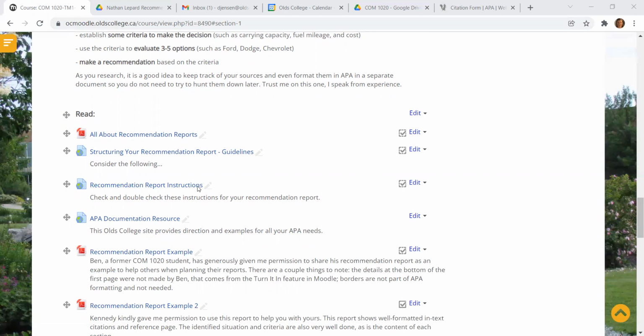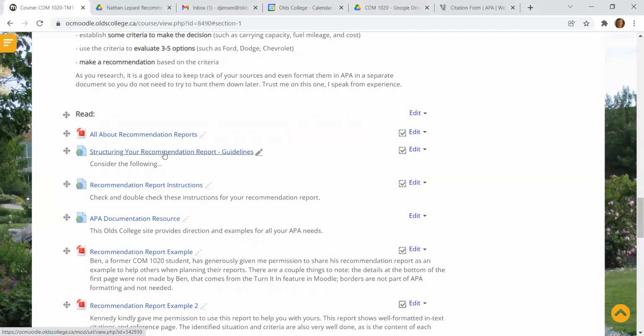There's 3 to 5 options that would solve the problem, and you need at least 3 different sources of information cited. We need to use APA. And you're going to have the different sections of title page, executive summary, background requirements, comparison options, conclusion, and recommendations. We will look at those more closely in the examples.